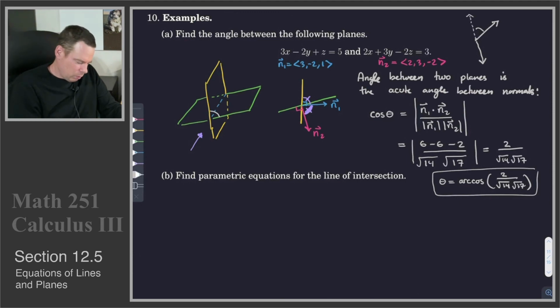And rather than just start plugging away and using techniques from linear algebra to solve this system, I'm going to notice that there's a coefficient of 1 in front of z. So when I write down the linear system I'm interested in solving, I'm going to bring the z out to the front. So it will be z minus 2y plus 3x is equal to 5, and negative 2z plus 3y plus 2x is equal to 3.